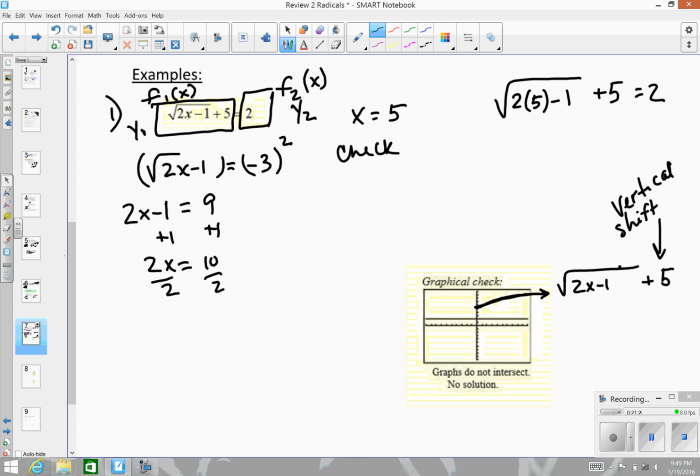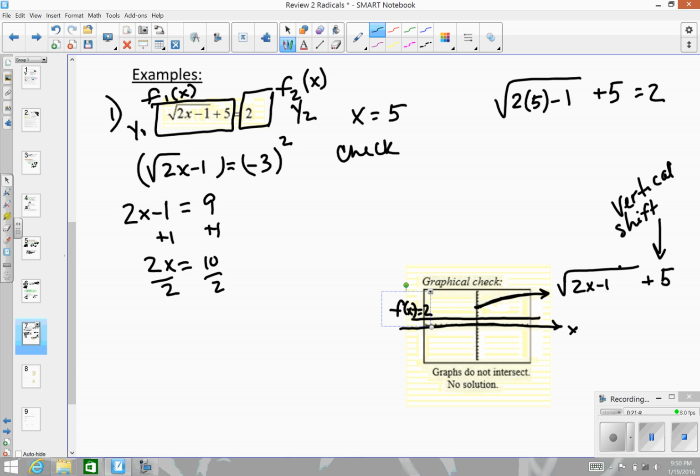The other side, my y equals 2, is this line right here. Well, excuse me, that's my x-axis. Here is f of x equals 2, or y equals 2. Notice these two graphs do not intersect anywhere.